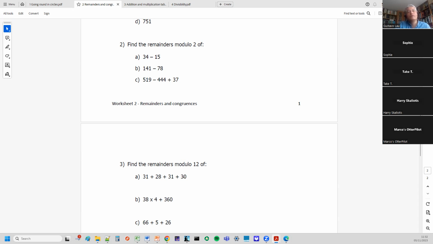Anyway, 30 plus 6 will equal 0. You were doing the cumulative converting. I think, well, 24 is a multiple of 12. So I would have said this is 7, this is 4, this is 7, and this is 6. So 7, 4, 7, 6. I would have written it down with a pencil. 7 and 7 is 14, and 4 is 18, and 6 is 24. You end up with a multiple of 12. So this is 0.